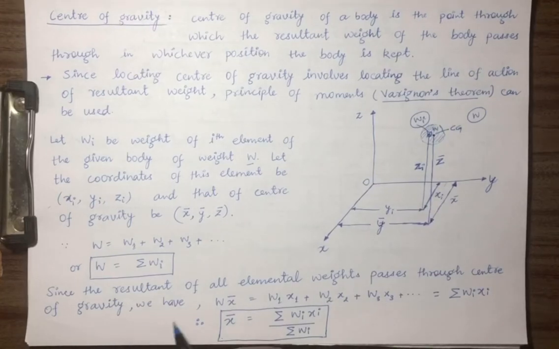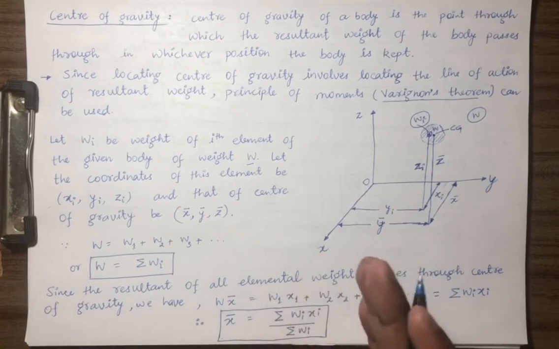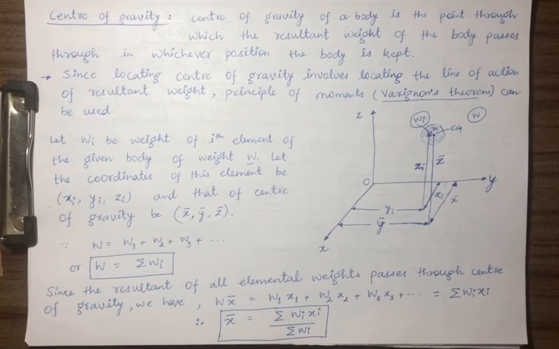So since the resultant of all elemental weights passes through the center of gravity, we have Varignon's theorem, in which the resultant moment is equal to the moment due to the individual forces. Here we are taking this effect in terms of weight. So total weight multiplied by the center of gravity coordinate will be equal to the summation of individual moments.